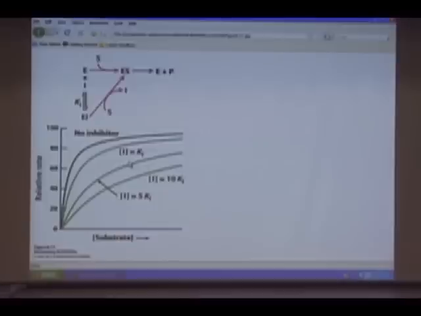Eventually those 10 are going to disappear from the equation because the substrate is going to basically blind the enzyme to the inhibitor. It's not going to see it. It's going to be 99.99% more likely to find substrate than it's going to be to find inhibitor. That tells us, first of all, that when we have competitive inhibition, Vmax does not change because of that competition.